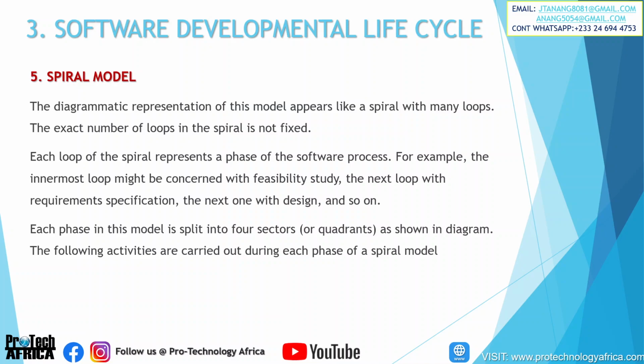For example, the innermost loop might be concerned with the feasibility study, the next loop would look at the requirement specification, the next one would be design, and so on. Each phase of this model is split into four sectors or quadrants in the diagram shown below.